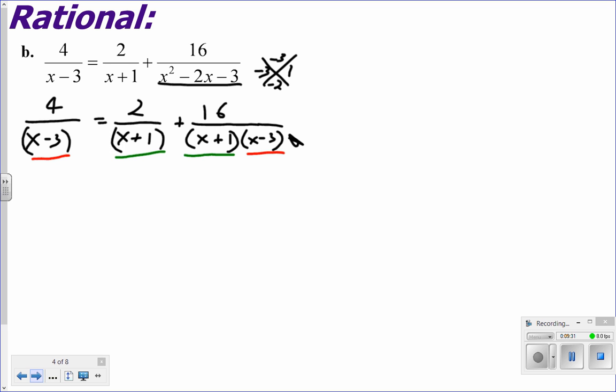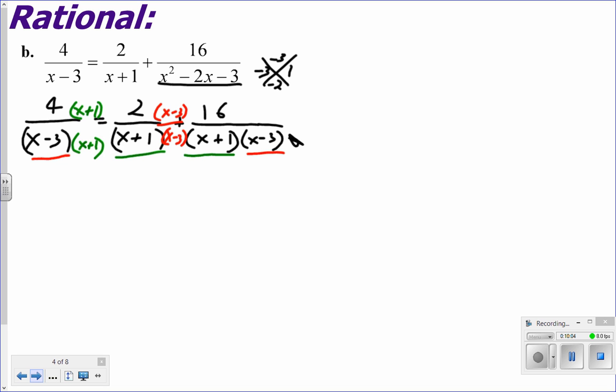So for my left side of the equation, I need this x plus 1 in the green, and I'm going to multiply this by 1, so I don't change the value, x plus 1 over x plus 1. Then on the right side, the first term there, I don't have an x minus 3 there, so I'm going to multiply this by the quantity x minus 3 over x minus 3, which is 1, but it's going to give us our common denominator that we need.